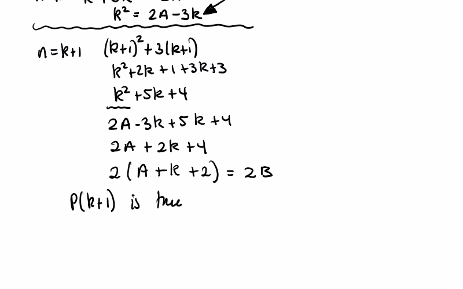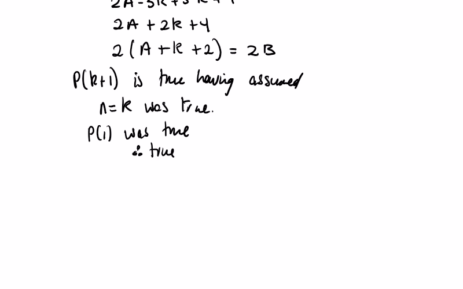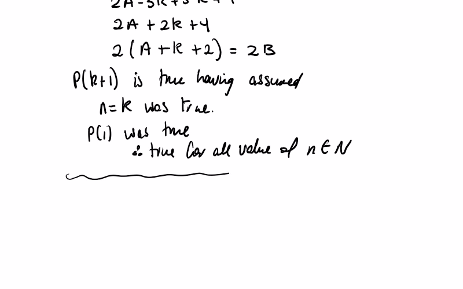You could write, if you wanted, having assumed n is equal to k was true, proposition 1 was true. Therefore, true for all values of n being an element of natural numbers.